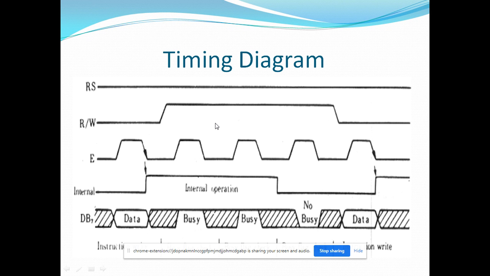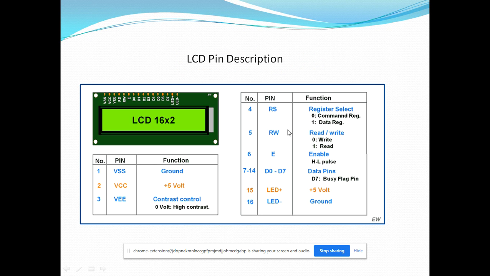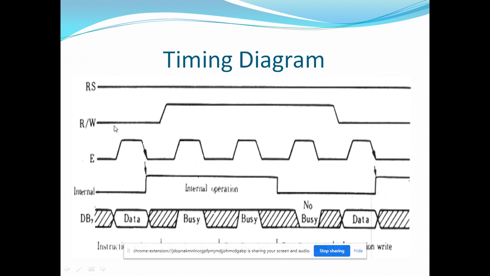This is the timing diagram for LCD. You can see that by writing zero value here, you can select the command register for LCD. You can write all the commands. This is the read/write pin. Here you can apply logical 0 signal for writing data, logical 1 signal for reading the status of LCD.